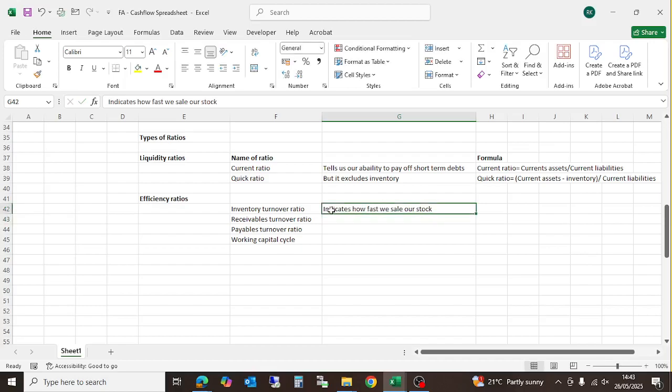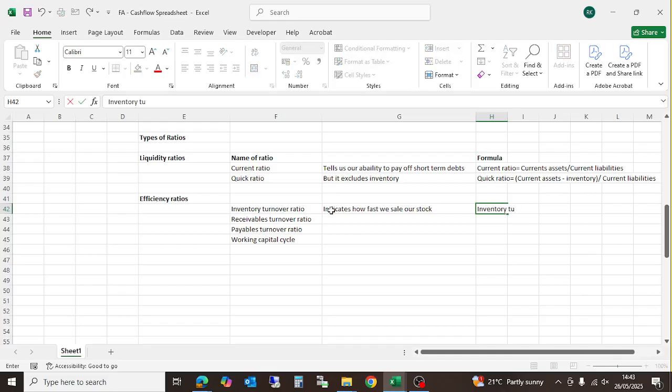Okay, and then what is the formula? The formula for inventory turnover ratio is: we get our cost of sales, and we divide by the average inventory.